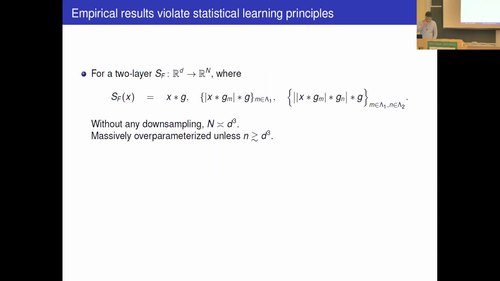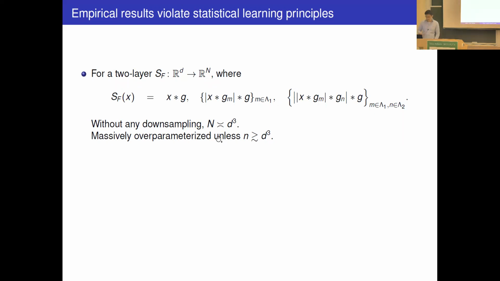Okay, well, this is a delicate question because we actually violate pretty much all core principles of statistical learning theory. If we think about what scattering does, we map a vector in d dimensions to another vector of N components through this complicated process.